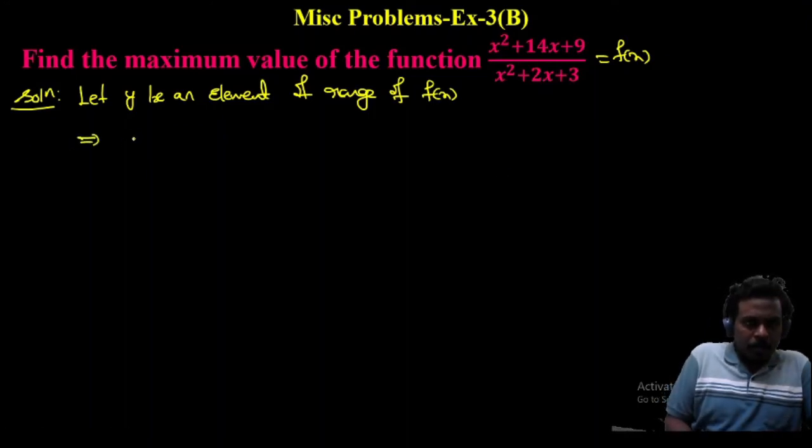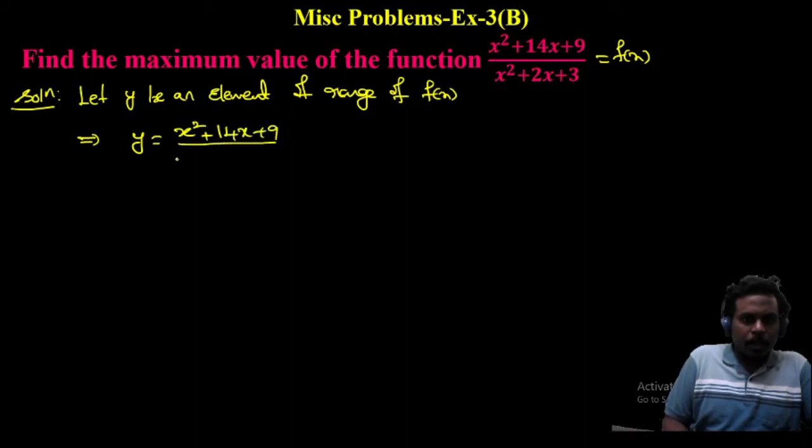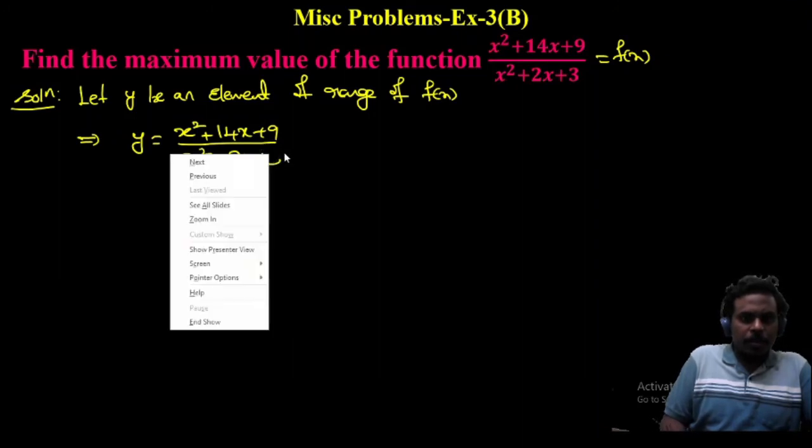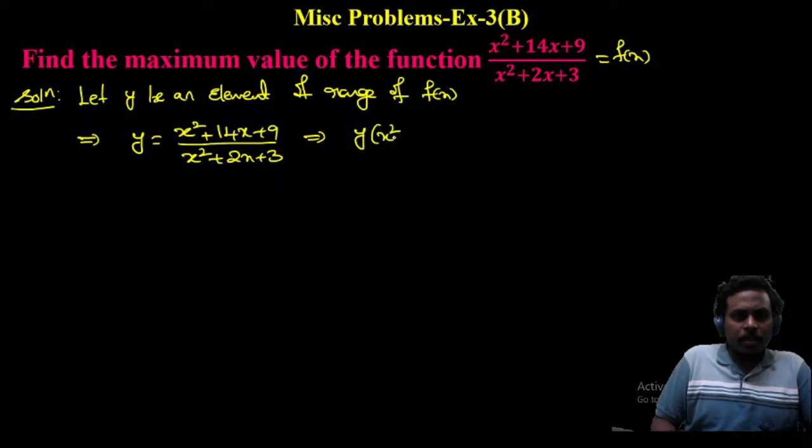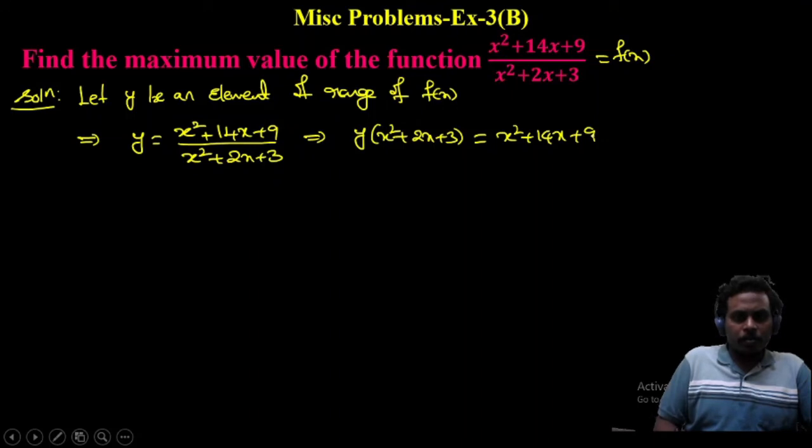Then what I will do is equate y to (x square plus 14x plus 9) divided by (x square plus 2x plus 3). Now upon rearranging the terms, (x square plus 2x plus 3) into y is equal to x square plus 14x plus 9.